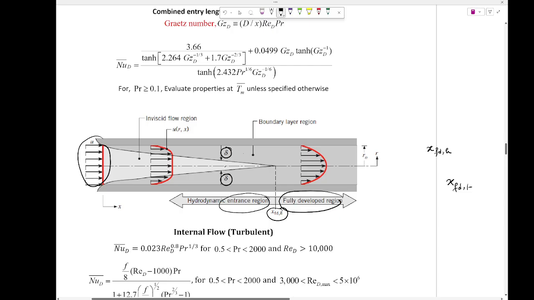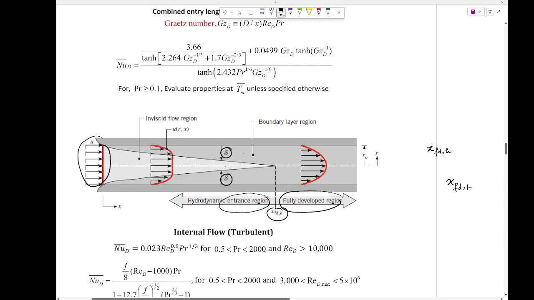So at fully developed X_FD,H, where the transition happened, the transition is not from laminar to turbulent. The transition is from entrance to fully developed. You understand that? Again, for internal flow, this X_FD,H is where the transition happens from entrance zone to fully developed.